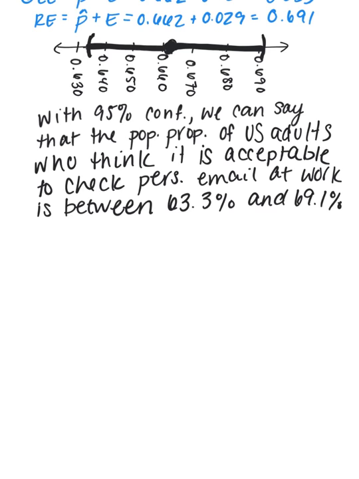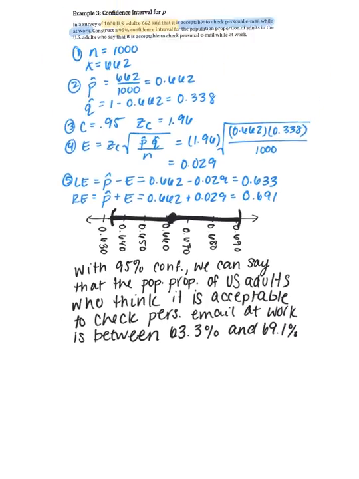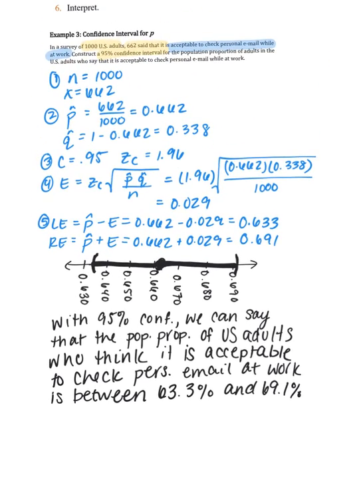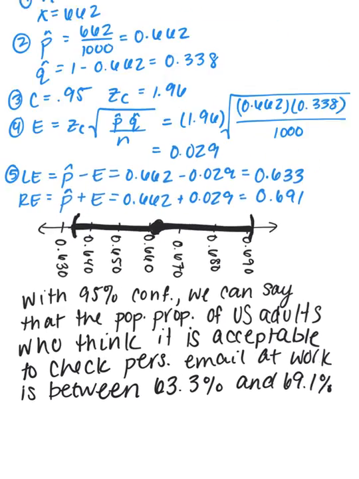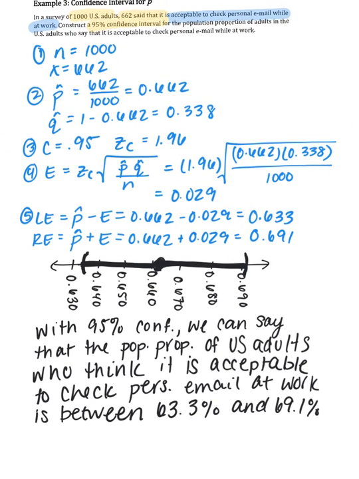Okay, that's what it needs to look like every time. I know we're a little bit lazy and we don't want to do that, but you have to write it out like that. That is an acceptable interpretation.